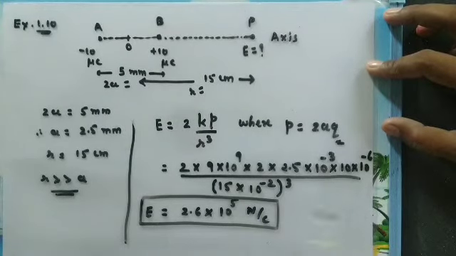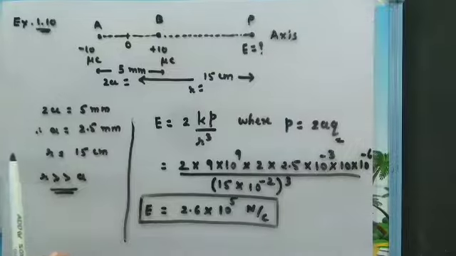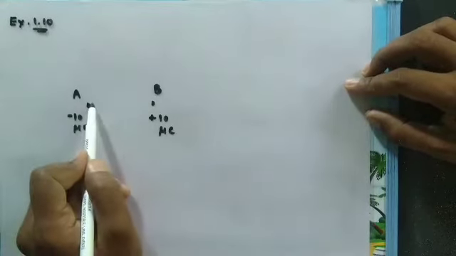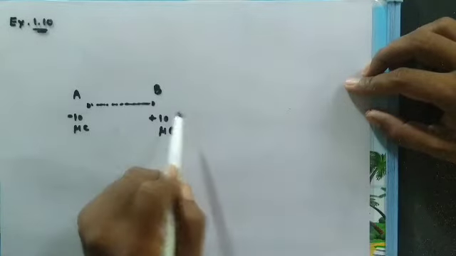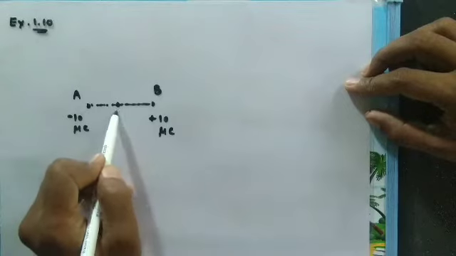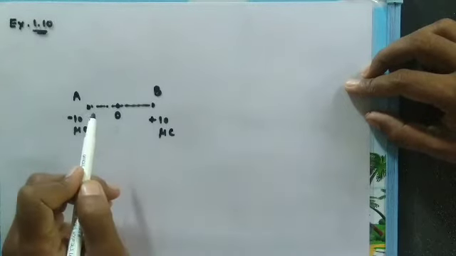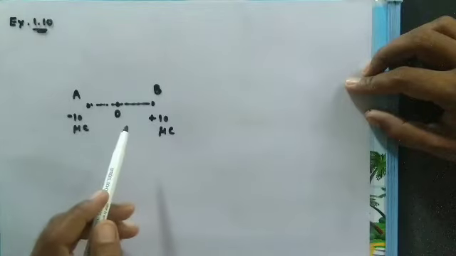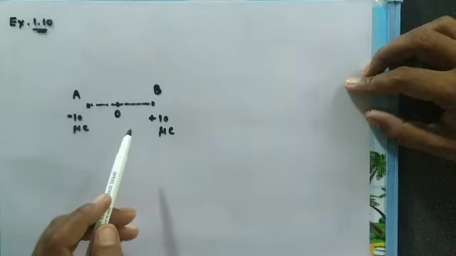Now in the next part we will find the electric field on the equator. Again let us see this figure, the same figure which is given. The center of the dipole is O. The distance from A to B is given, as we have seen in the earlier section.